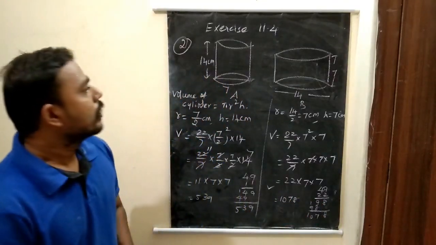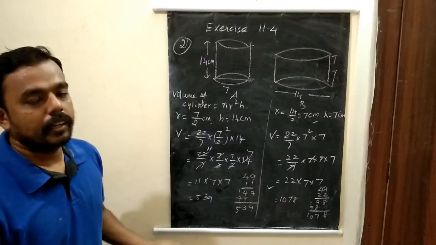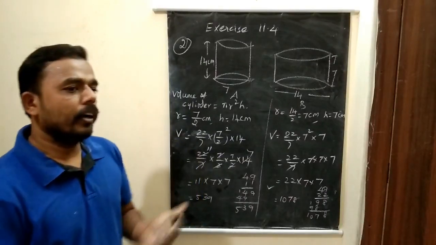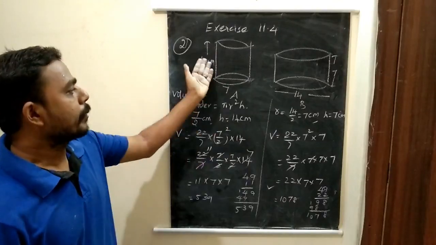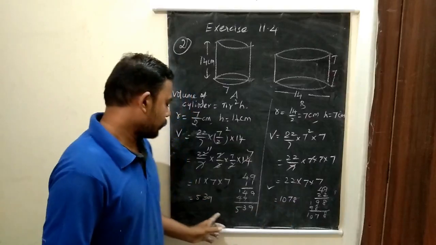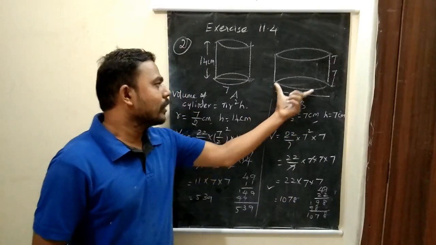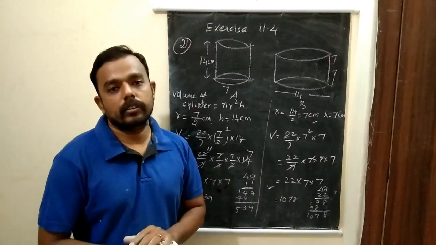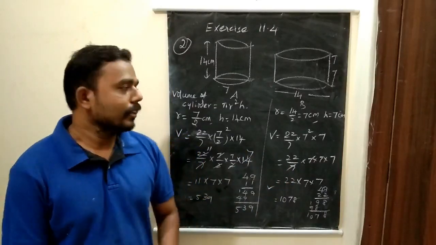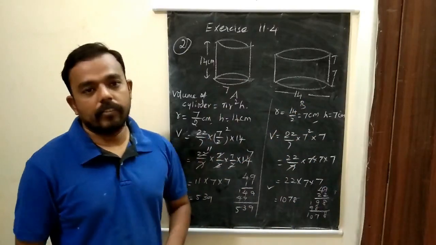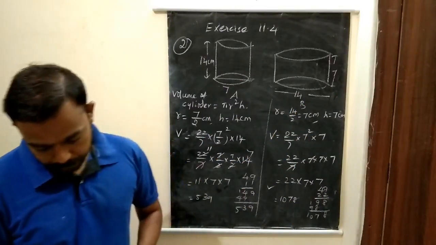So B has the greater volume. So B is the greater. Before, by using the data, we thought they were equal, but after checking the values you realize that if you increase the base, you can hold many things. So this one is greater than the other volume.